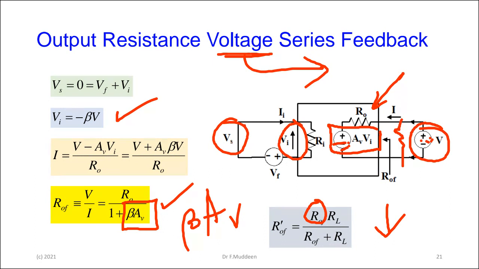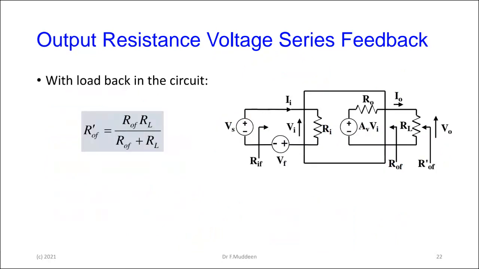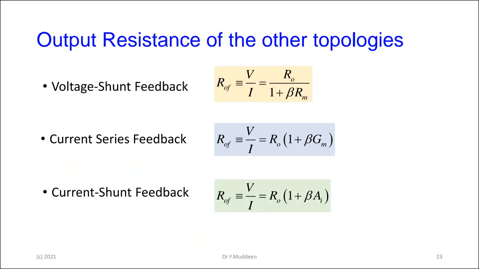And then, of course, you could take that same approach for the other topologies as well. So once you're dealing with voltage out, notice the output impedance falls. If you're dealing with current out, notice the output impedance goes up, which is what you want.